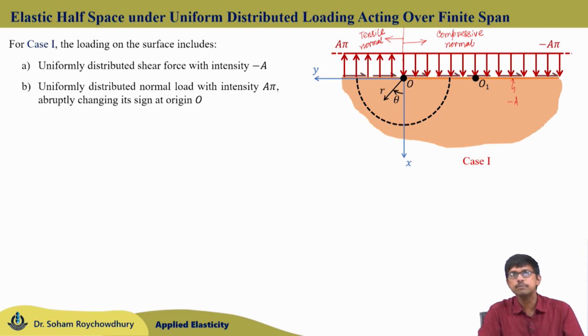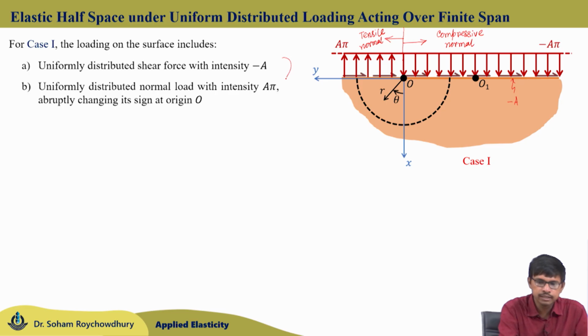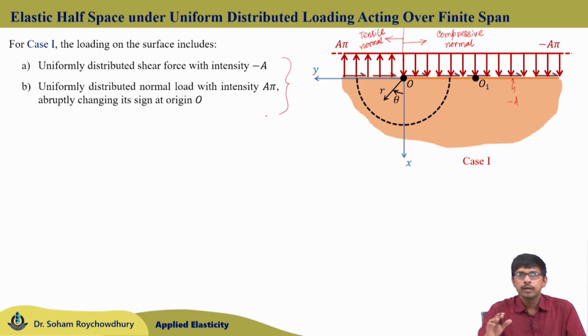So, the uniformly distributed normal load of intensity A pi is acting over the free surface, which abruptly changes its sign at the origin. So, this gives us the complete solution of case 1 with this kind of surface boundary condition as described in the figure, with these two possible forces or tractions acting on the free surface.